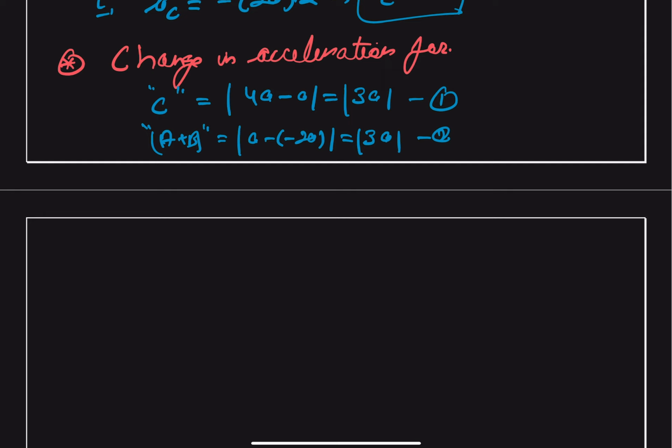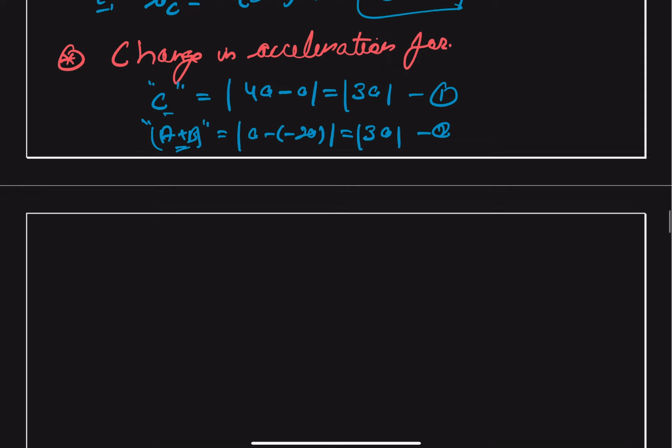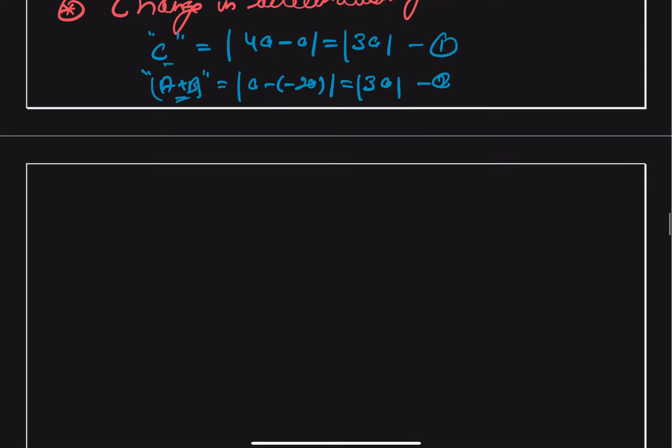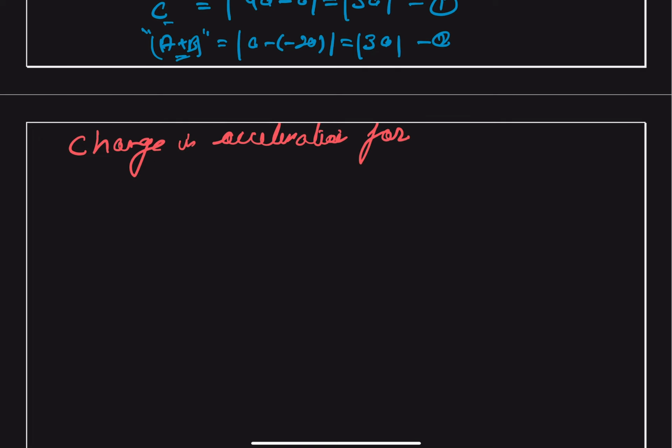We can say change in acceleration for C is equal to change in acceleration for A plus B, because A plus B are moving together.